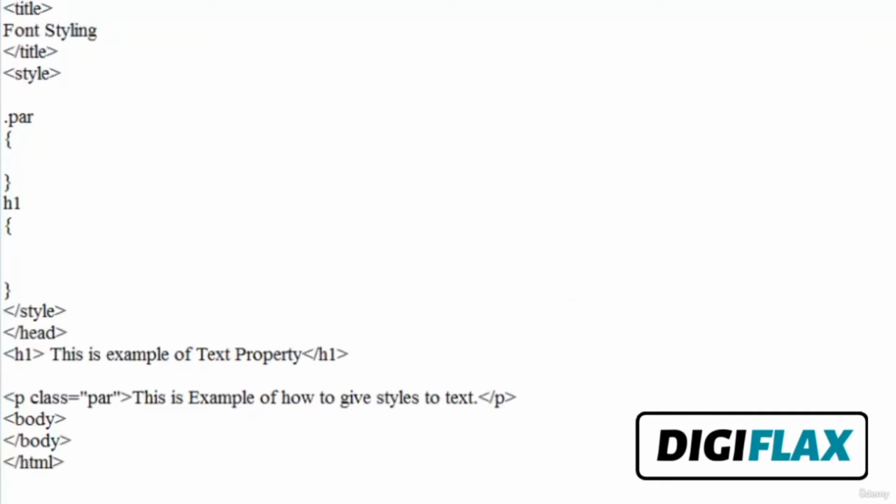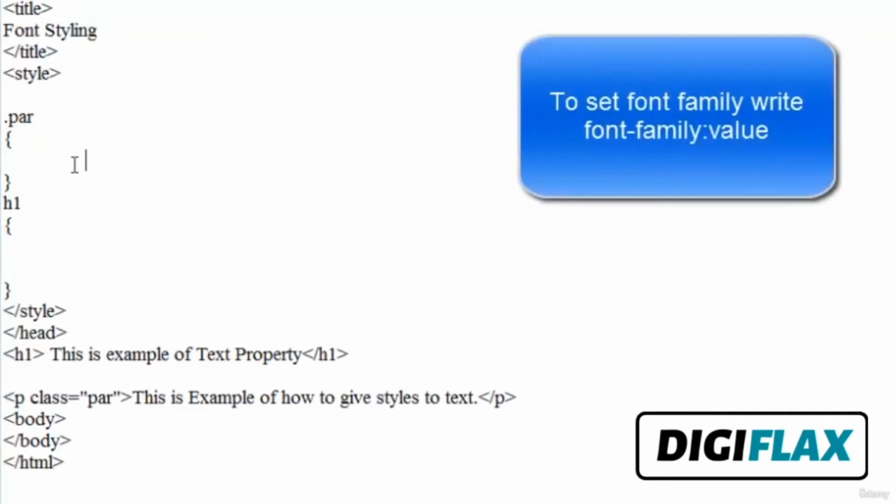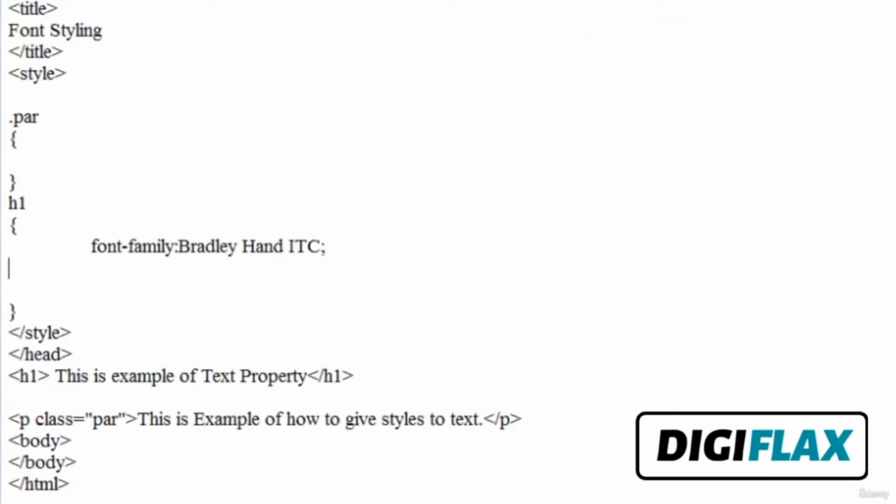So let's see. So I want to set font family of h1 tag. So write font family and give value to font family. Now font size also can be set.